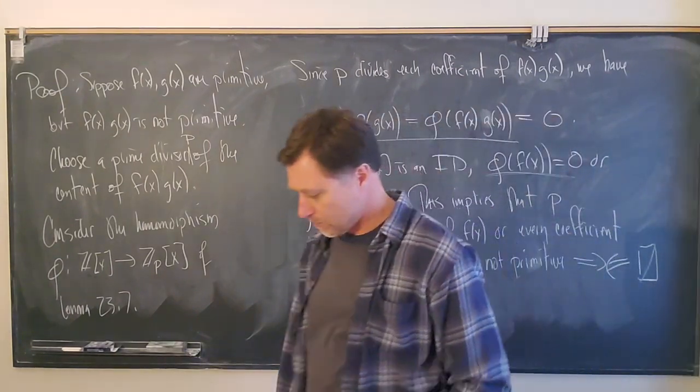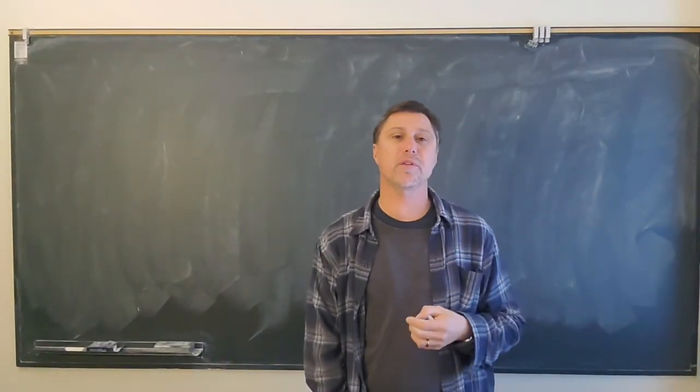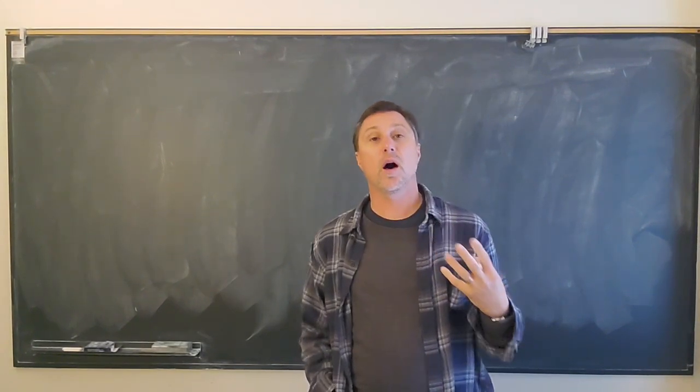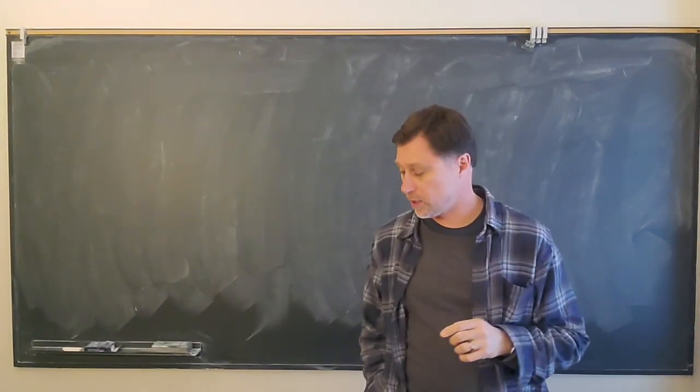I like that proof. Okay, this next result that we have is really the key to the study of factoring polynomials over the integers, right? So let's say it like this.